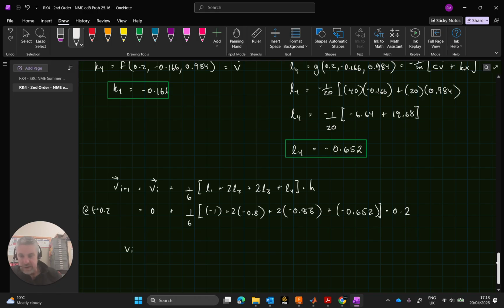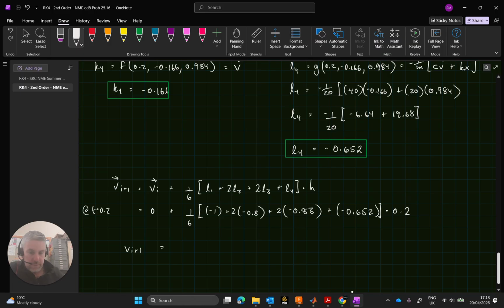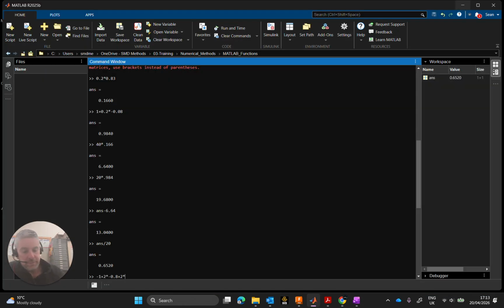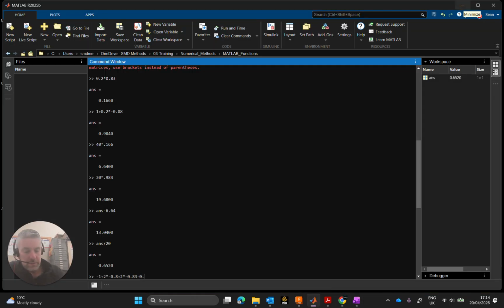So V of I plus 1 is going to be equal to, let's see, can we just write this out as a straight line function in MATLAB: minus 1 plus 2 times minus 0.8 plus 2 times minus 0.83, plus minus 0.652.